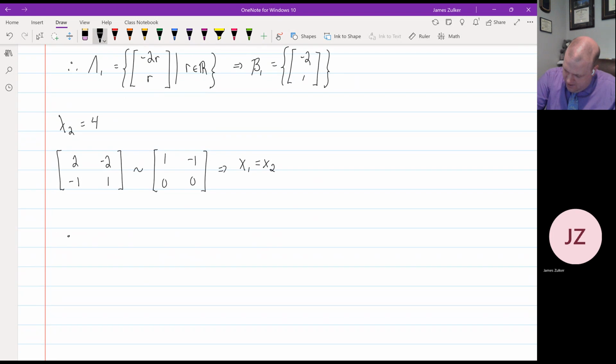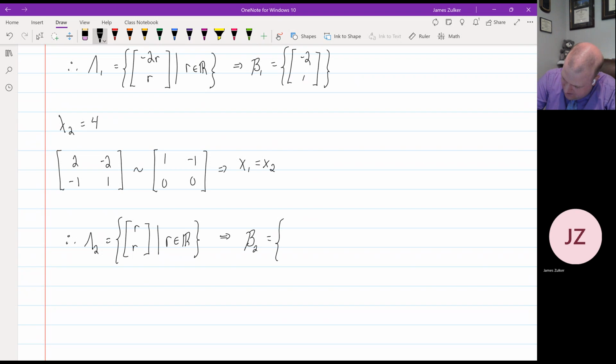And so we get as our eigenspace the set of all vectors of the form r, r, such that r is any real number. So a basis would be 1, 1.